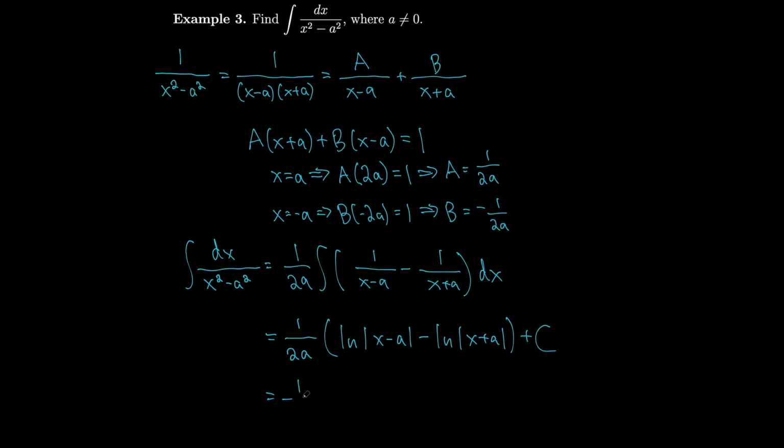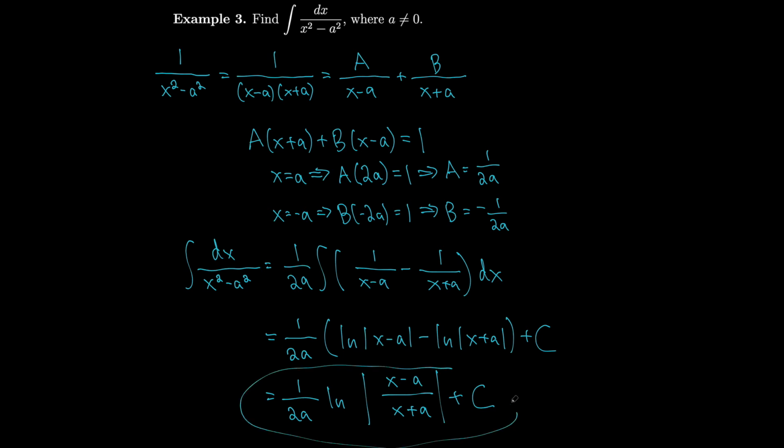And that's 1 over 2a times the natural log of x minus a over x plus a by laws of logarithms, because the difference of logarithms is the quotient in a single logarithm. So this is kind of a cool formula. Now we have a formula for the integral of 1 over x squared minus a squared, and that equals this mess. So we'll probably use that later.